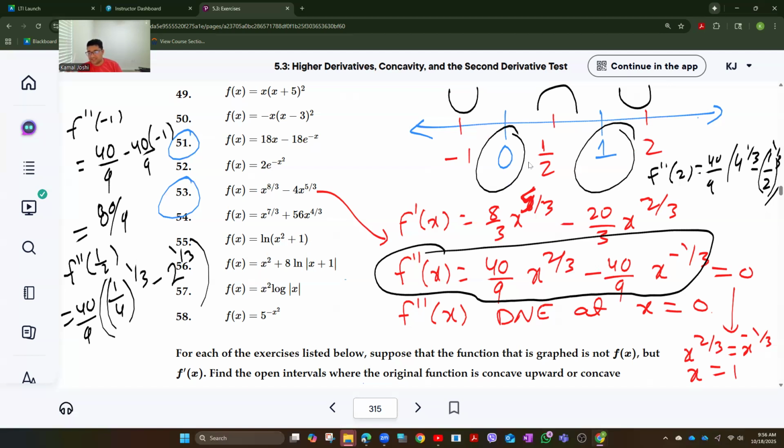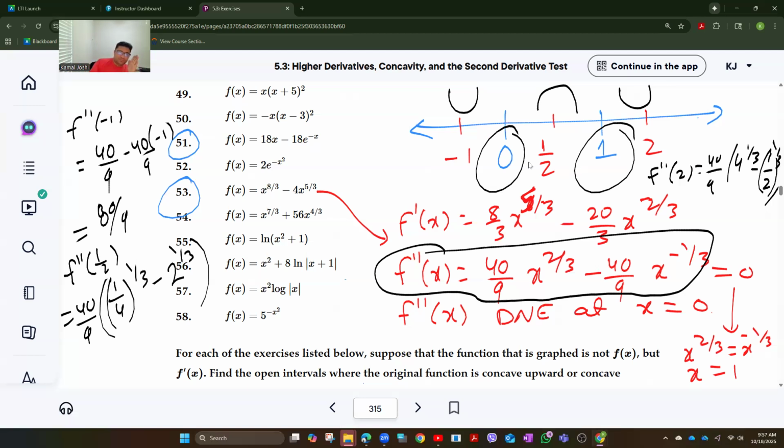I saw that the second derivative has a negative exponent, so it will not be defined at x equal to 0. That is one candidate for the inflection point. Then I set it equal to 0 and easily solve that x has to be equal to 1 for that second derivative to be 0. So 1 and 0 are two candidates for inflection.